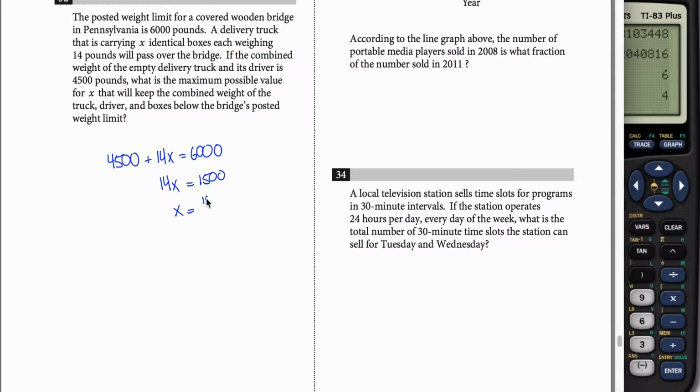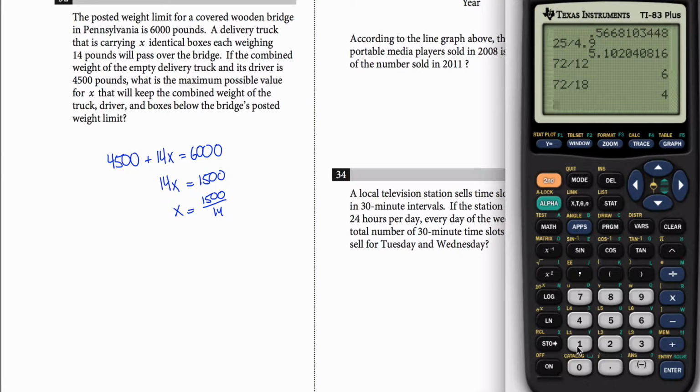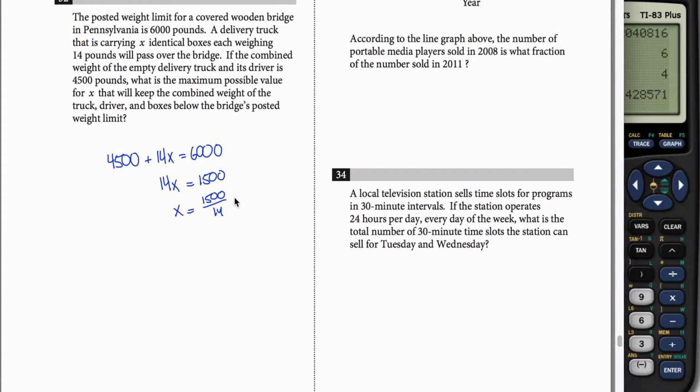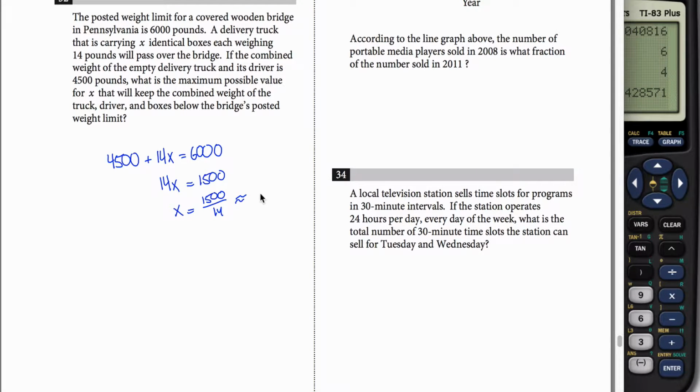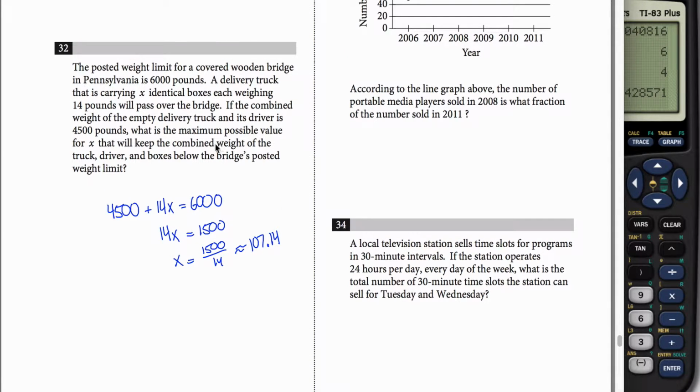Then I could divide 1,500 by 14 with my calculator, since this is the calculator portion, to get that X is equal to 107 point something, 107.14. And you're like, wait, that's approximately right. When I read this problem, it sounded kind of strange. It said that I have to keep it below the limit. And can I really have 107.14 boxes?